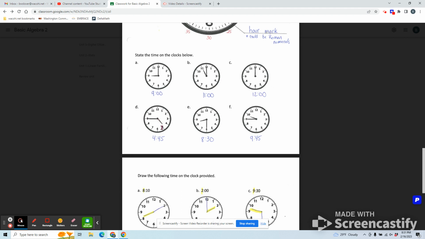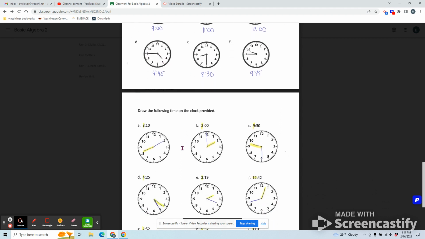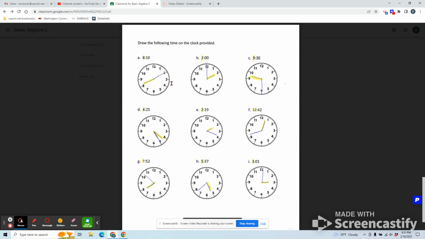So that's why this is not pointing right at the 4, because my hour hand moves as my minute hand moves. So when we draw these at 8:10, my hour hand, which is highlighted in yellow, should not be right at the 8, because I've started to move past 8. I'm getting closer to 9.